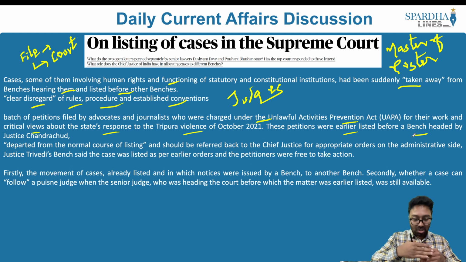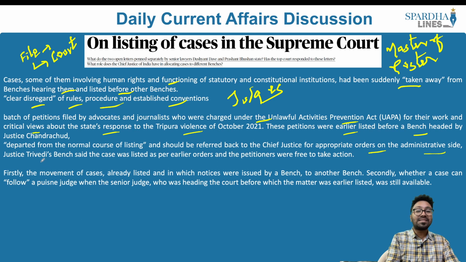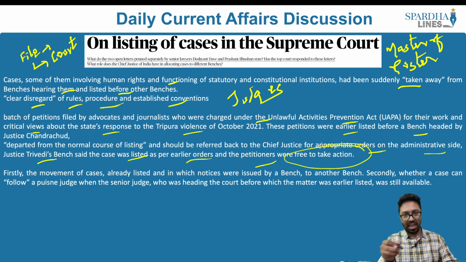Now, as a normal course of action, this should have once again been heard by Justice Chandrachud. However, this should be referred to the Chief Justice for appropriate orders on the administrative side, but Justice Trivedi's bench said that the case was listed as per earlier orders and the petitioners were free to take the action. So earlier it was being heard by Justice Chandrachud. Now it is being heard by Justice Trivedi.